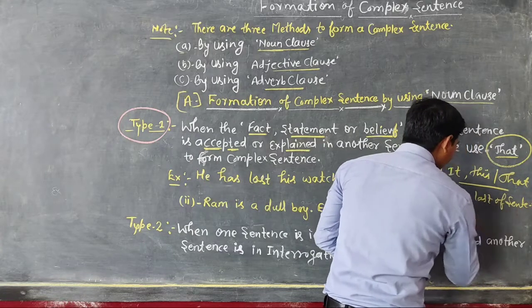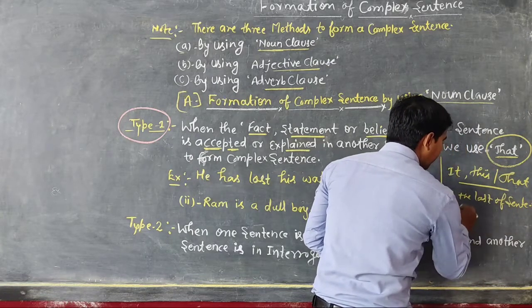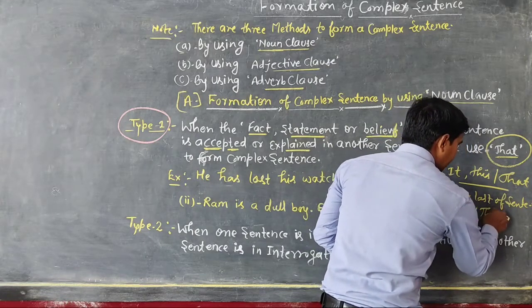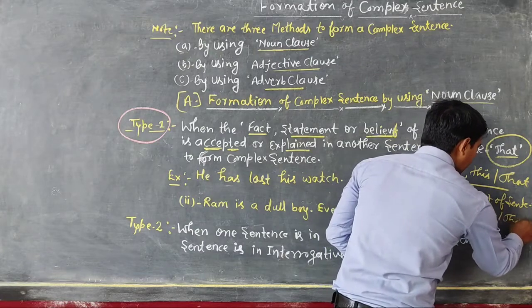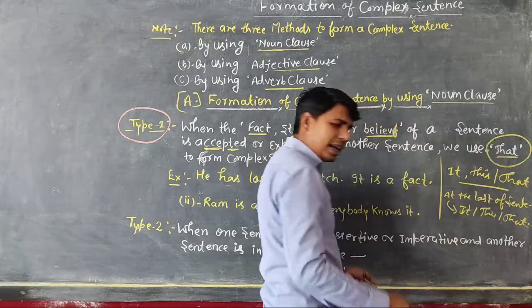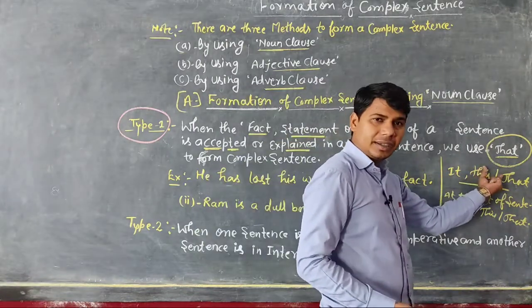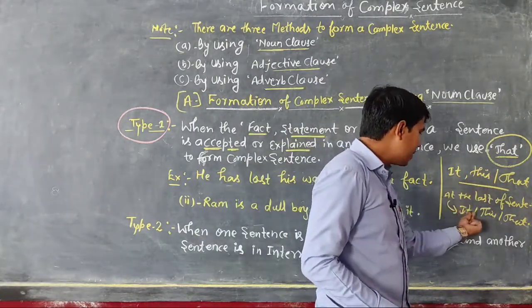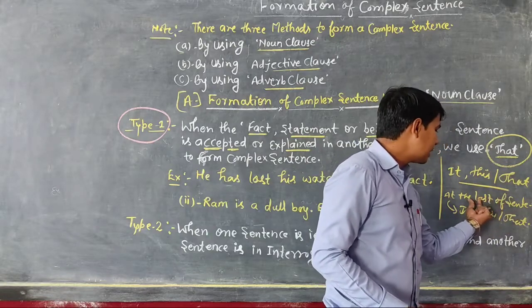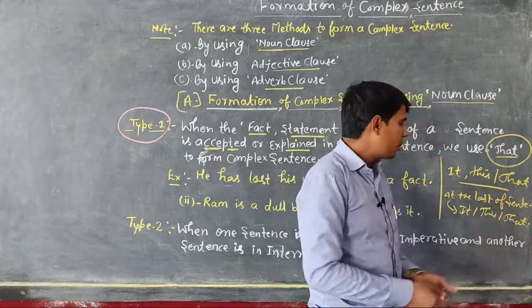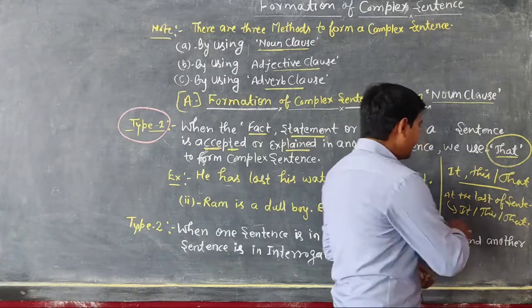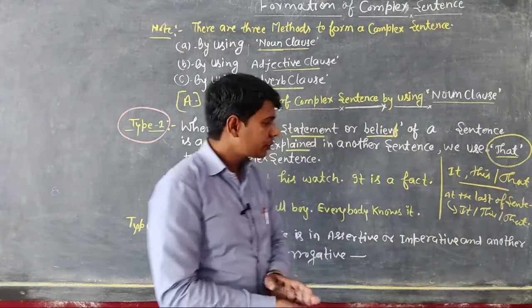You will surely have these words like it, this and that. Either you will get these words at the beginning or at the end of the sentence. Okay, so I hope you have got me very well.